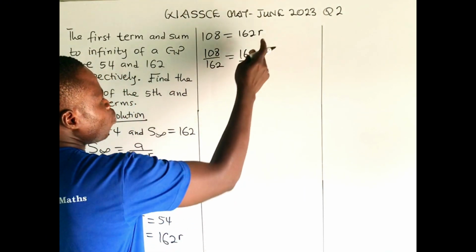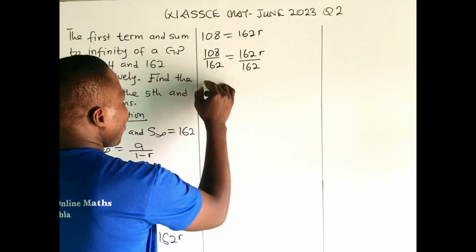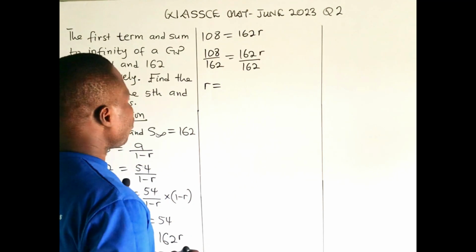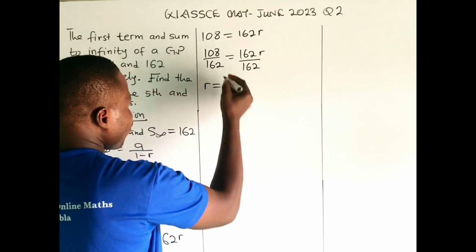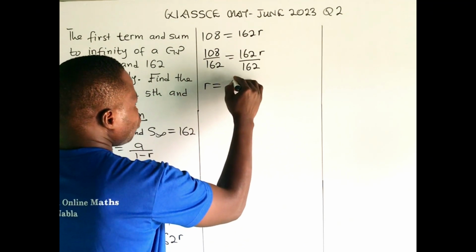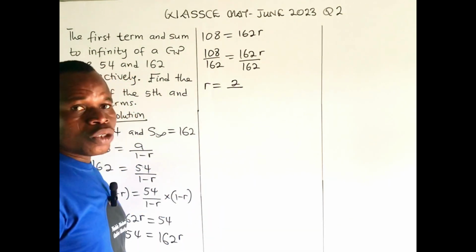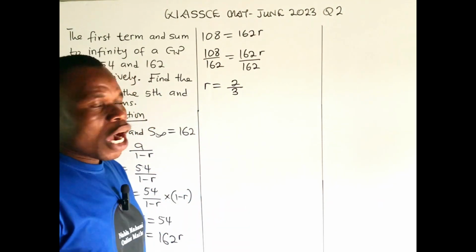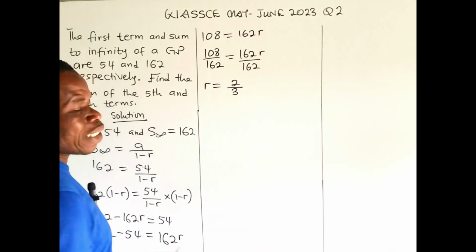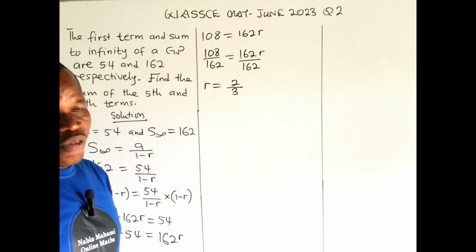You see that this 162 will take away this 162. So I have my r to be equal to, looking at this, you see that 54 is a factor of 108. 54 will go into 108 2 times, and 54 will go into 162 3 times, meaning our common ratio for this sequence is 2 over 3.